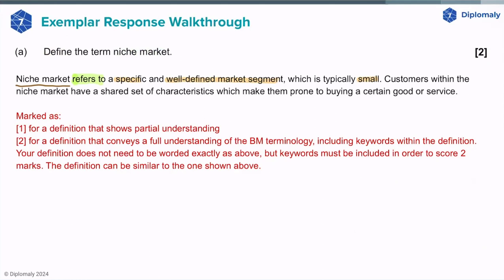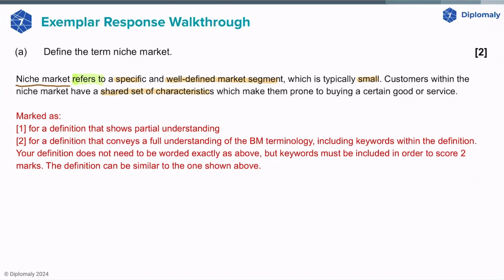So here you're talking about what a niche market is and what its intent is for customers, because in a niche market, they usually have a shared set of characteristics. This would be another keyword that you want to make sure you hit, right? And because of these key characteristics that they share with each other, they will then be in the same group of customers or market segment to buy a particular good or service.